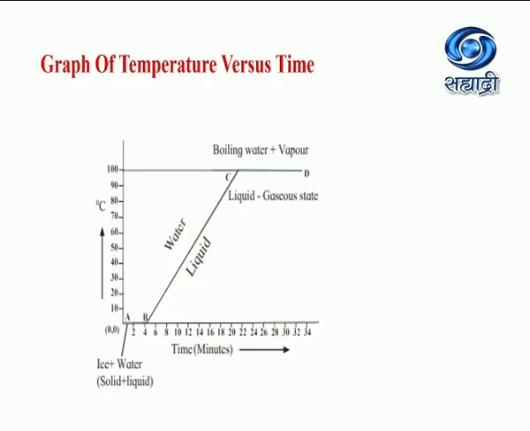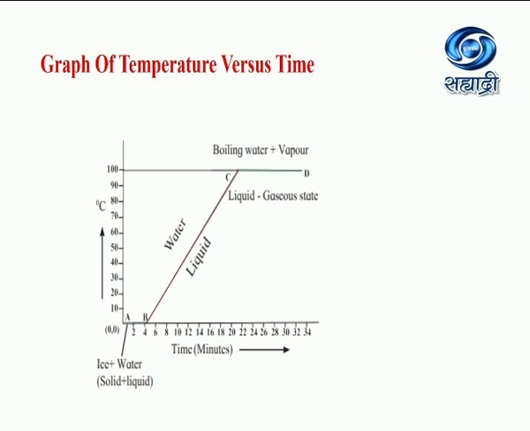Study the graph carefully. In this graph, line AB represents conversion of ice into water at constant temperature 0 degrees Celsius. This constant temperature at which the ice converts into water is called the melting point of ice. During this transition, ice absorbs heat energy which is utilized for weakening the bonds between atoms and molecules of ice and transform it into water.